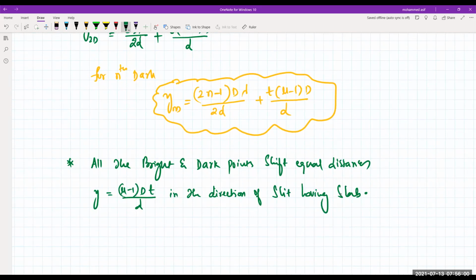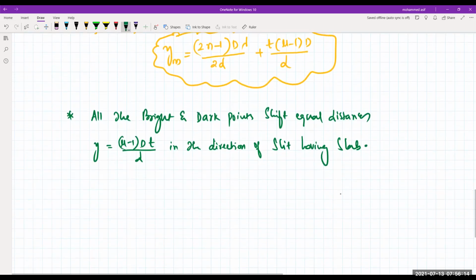Clear? All the bright and dark points will shift equal distances of y equal to (mu minus 1) D t divided by d in the direction of the slit having the slab. Is that clear for everyone?